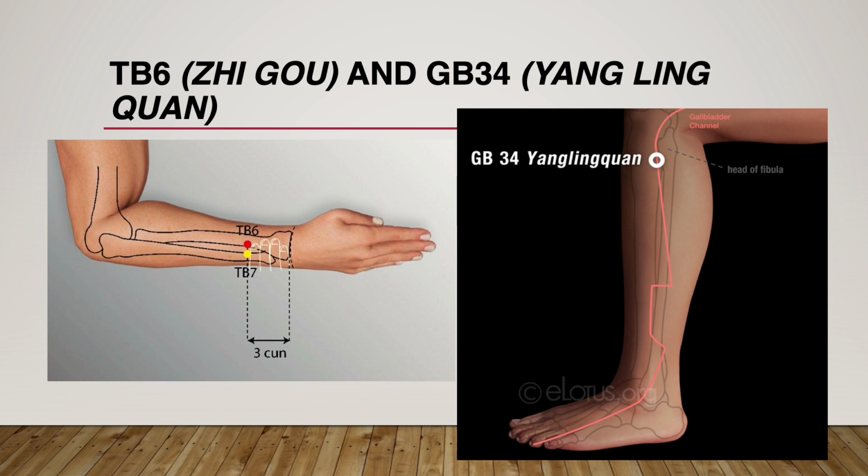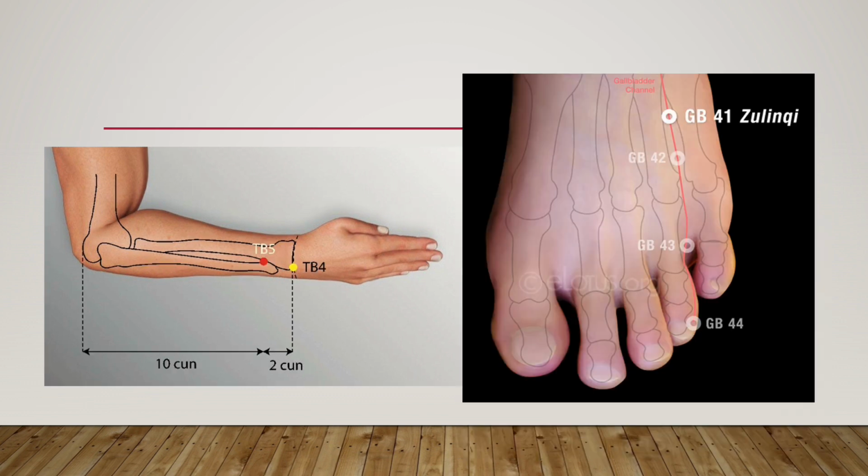Most importantly, the underlying cause should be stasis in the Shao-yang or Jue-yin. The functions of this pair are compared and contrasted with a similar Shao-yang pair, triple burner 5 and gallbladder 41.